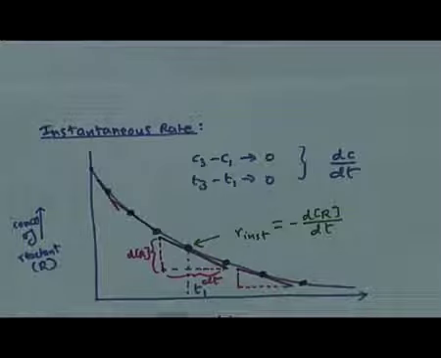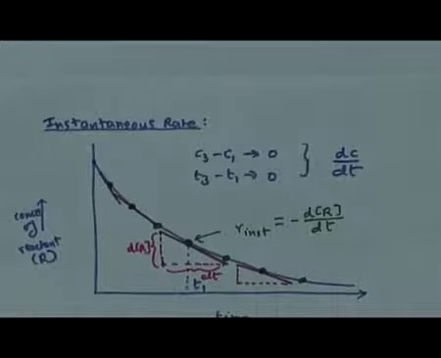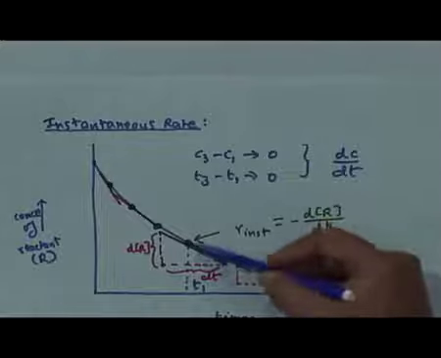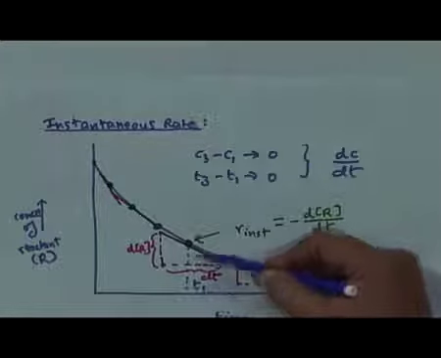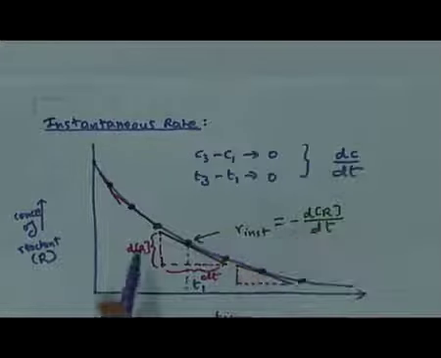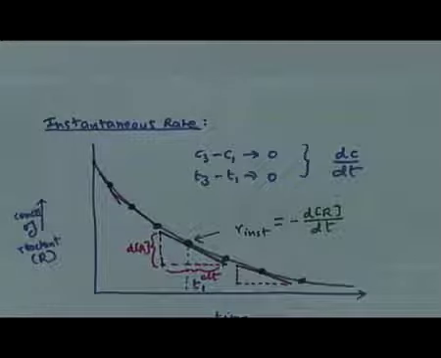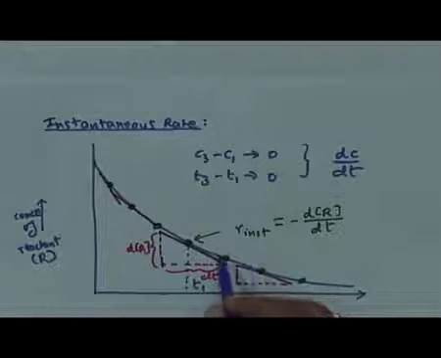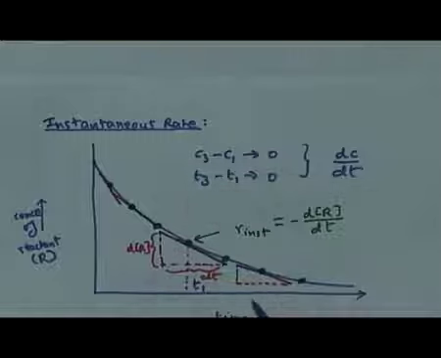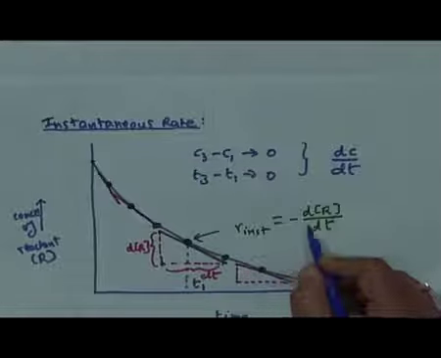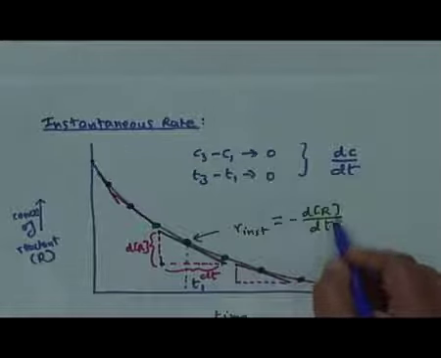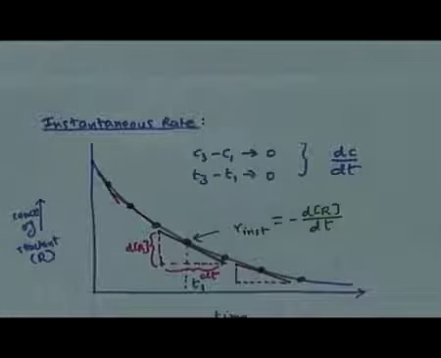For example, to get the instantaneous rate at T1, you would draw a tangent at T1, and the instantaneous rate is equal to the negative of d[R] over dT, where R is your reactant and the brackets mean the concentration of the reactant.